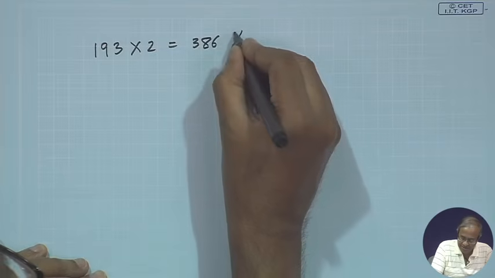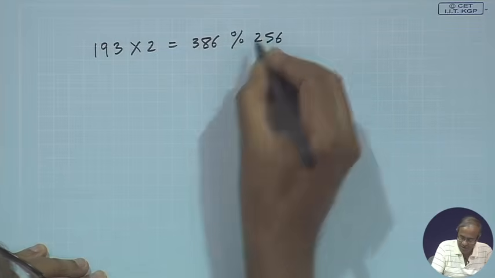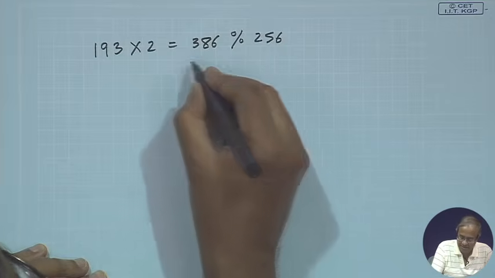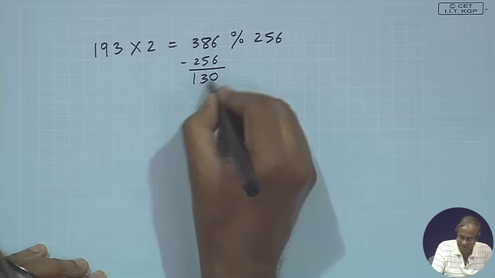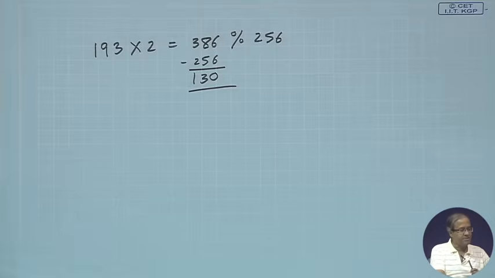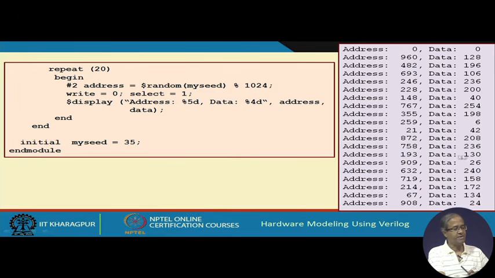Now, 386 mod 256 means what? Divide by 256 and take the remainder. So, basically minus 256, which means 130. So, you see in location 193, data is 130. Accordingly you can verify the operation.